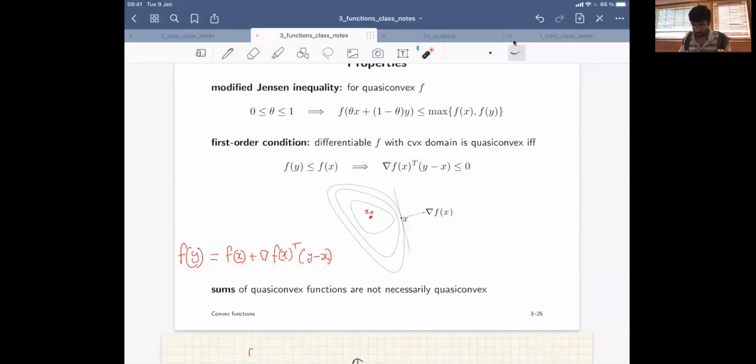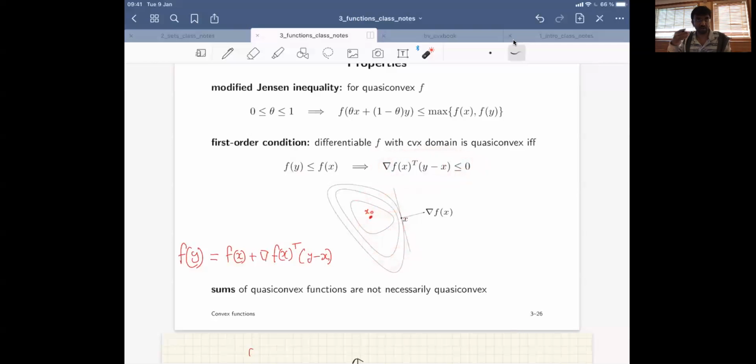You can just rearrange this and write it as delta transpose y less than or equal to delta transpose x. So that says you have to go in this direction. This equation is defining this half space.